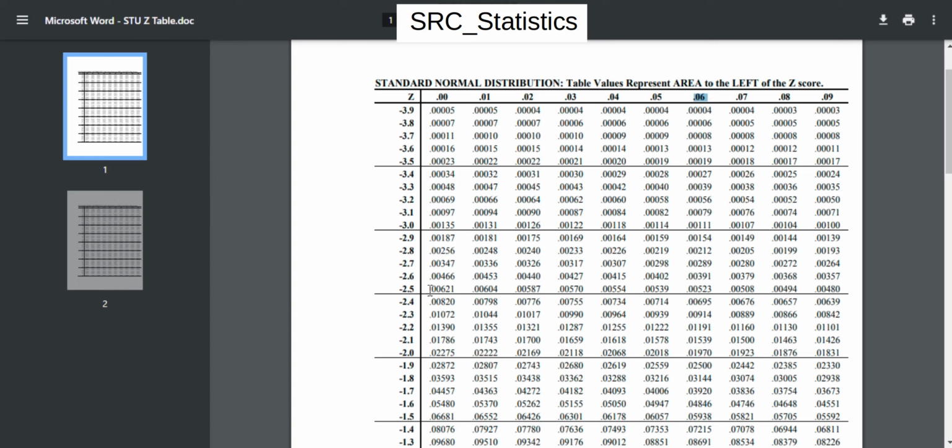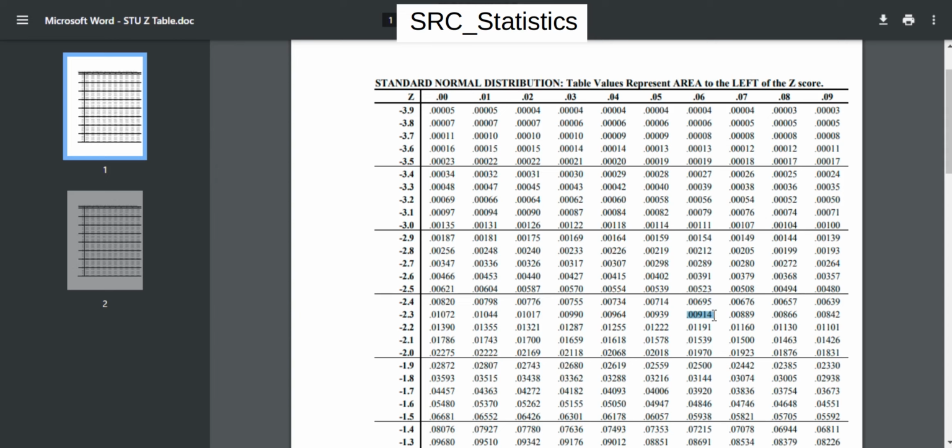The intersecting cell of these two is 0.00914. This is the area to the left of negative 2.36. That is, probability Z less than negative 2.36 is 0.00914 or 0.0091.